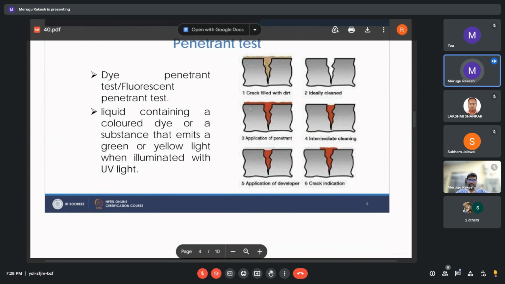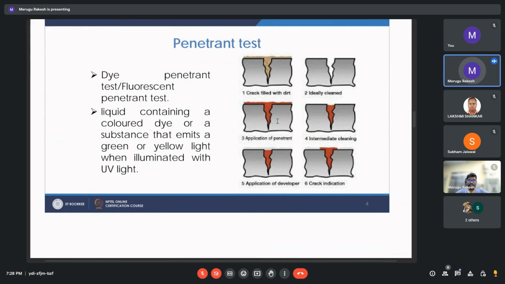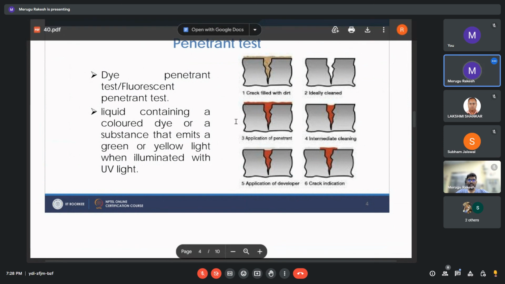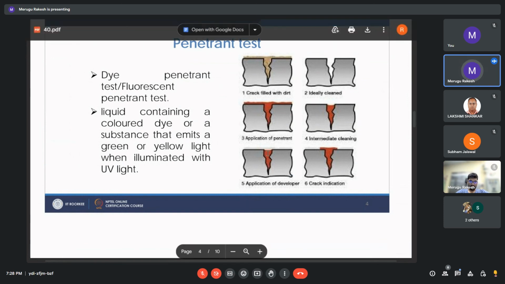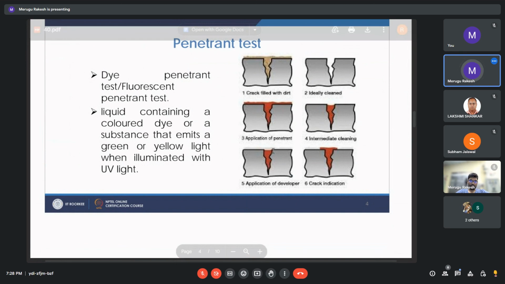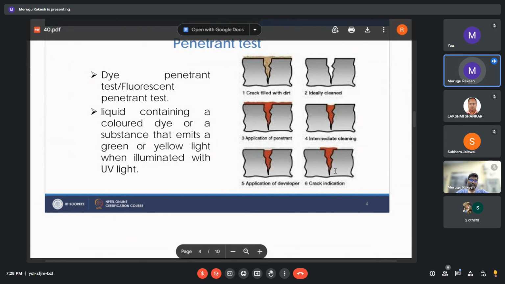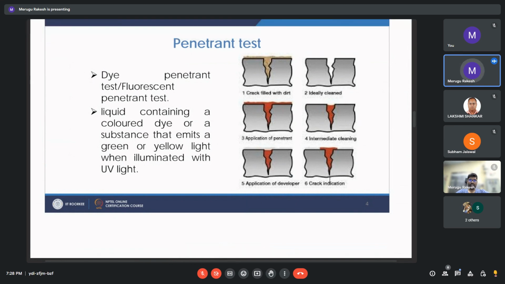Apply this dye, which is a colored dye. Then we clean the surface and wait for some time. Then we add the developer so that the dye will swell and try to come out, so that you can see where exactly the crack is present in the surface.